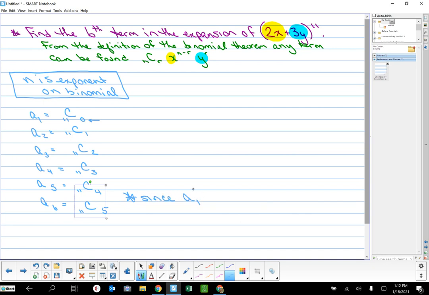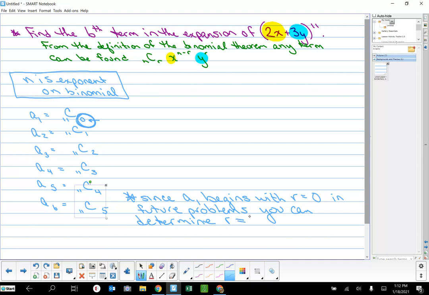Since a sub 1 begins with r equal to 0, meaning this guy right here, in future problems, you can determine r by saying it's the number of the term you want minus 1.